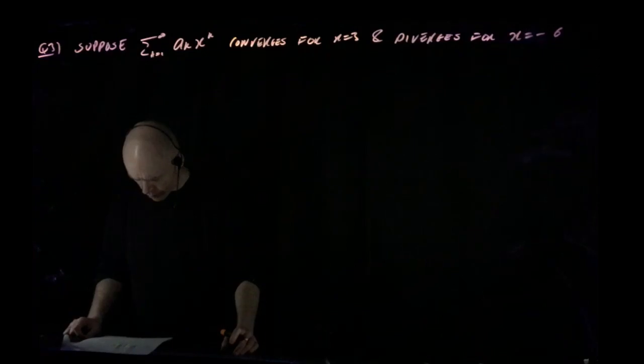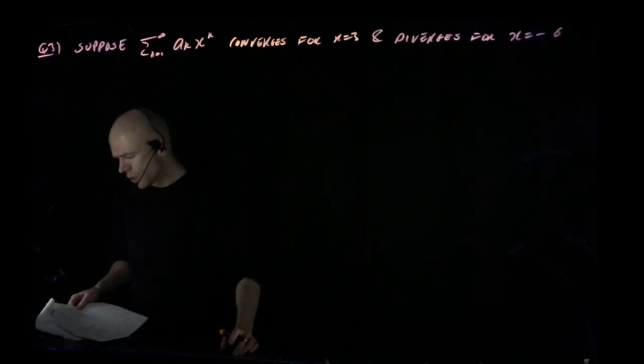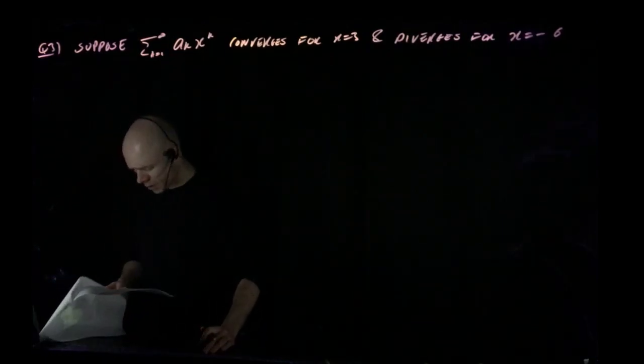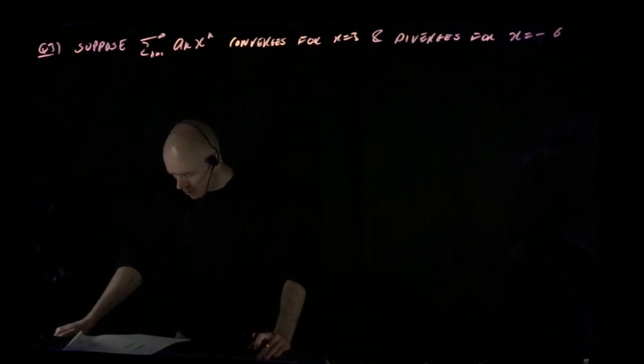Should I write these down or not? Well, I'm just going to read them. Save time. So we have a bunch of statements of the kind: the series converges when x equals minus 2, the series diverges when x equals minus 2, the series converges when x equals minus 4, the series diverges when x equals minus 4, the series diverges when x equals minus 6.